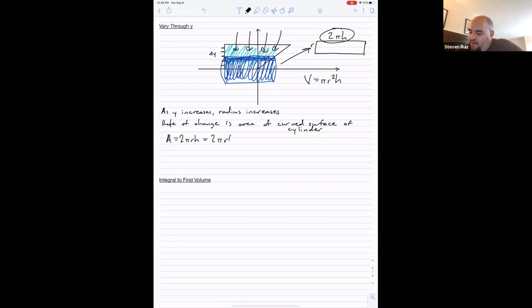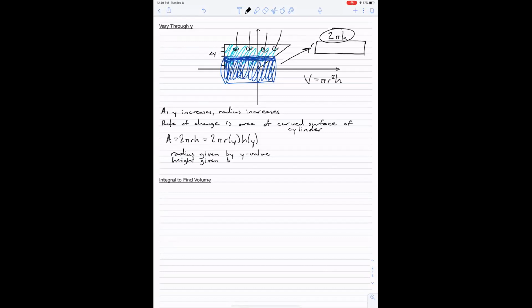So our area is equal to 2 pi RH, and our job now is we want to get r in terms of y, and we want to get height in terms of y, because that's the variable we're going to end up having to integrate over. You all said before that the radius is given by y value. That's the same here. How about the height? Is the height related to the x value, or is it related to the y value? The x value. Good.